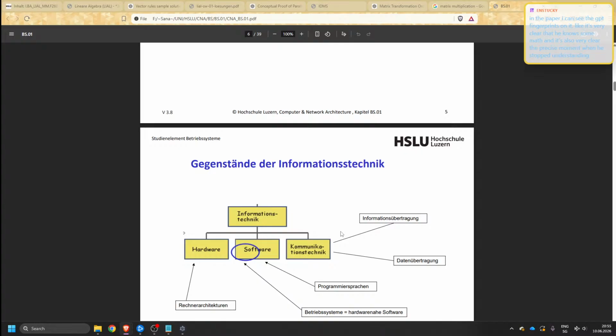It's very clear that he knows some math, and it's also very clear the precise moment when he stopped understanding. Oh, so he acknowledged that he used ChatGPT. Okay. It's on page 8.